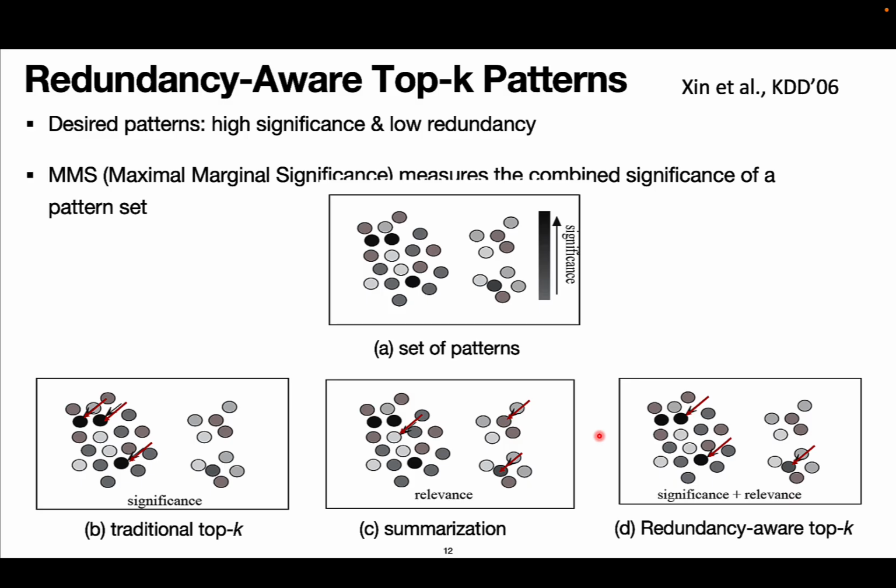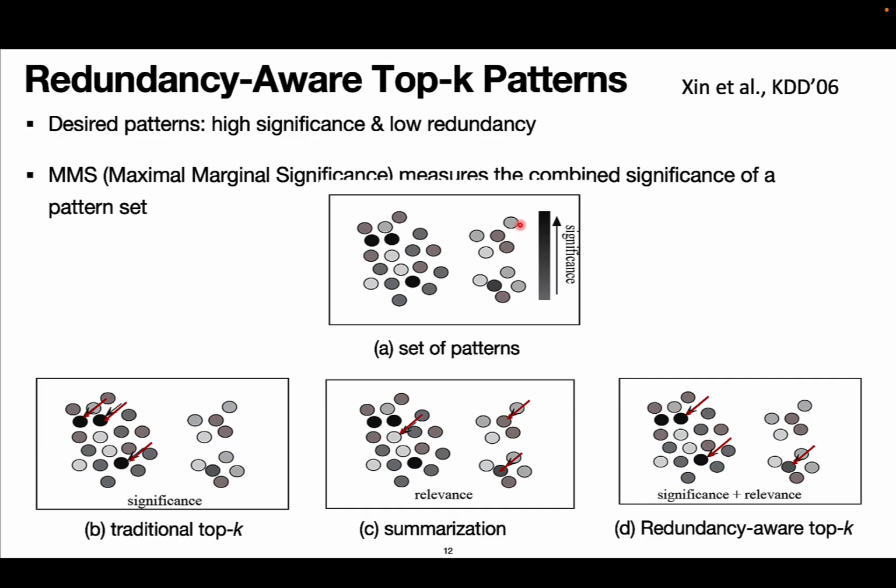Finally, redundancy-aware top K patterns starts with embedding patterns with some color coding in two-dimensional space. Then it runs a variation of the top K algorithm to identify important patterns. Starting with figure A, each dot represents a pattern. The grayscale shading indicates support.